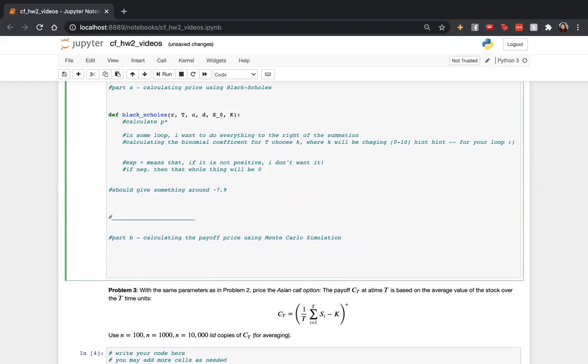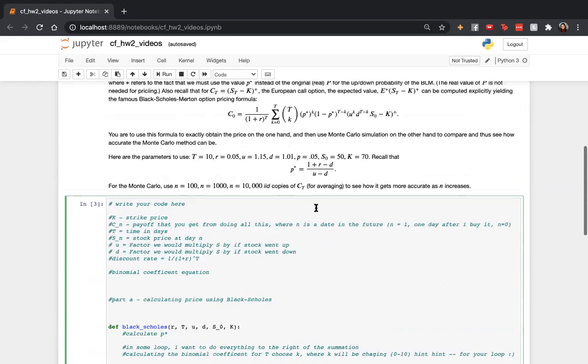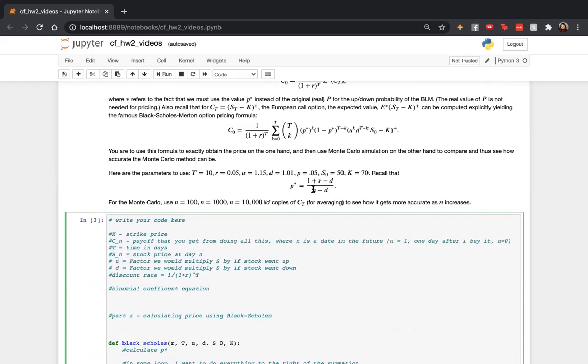Yeah, so in the previous problem, we used Bernoulli, right? We used a P to decide whether our random Bernoulli value was a 1 or a 0, right? But for this problem, we are not that concerned with 1s and 0s. We are more concerned with something else. And that something else is whether the stock goes up or down.